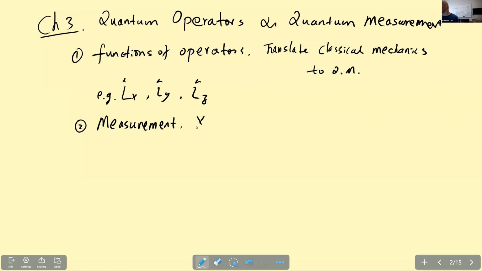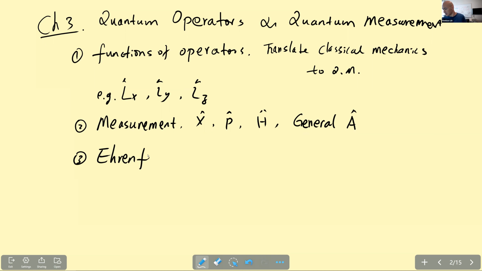We have learned the measurement of x and p, and we can discuss a little bit more about the measurement of energy, the Hamiltonian, and then a more general physical quantity A. And if we have time, we're going to discuss this Ehrenfest theorem, a special case. So this is optional. We can also only discuss the special case of x and p, not general operators.